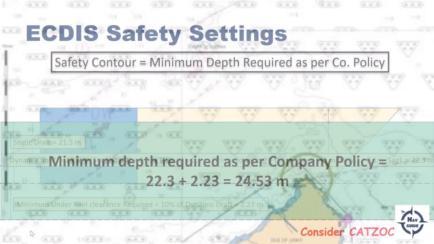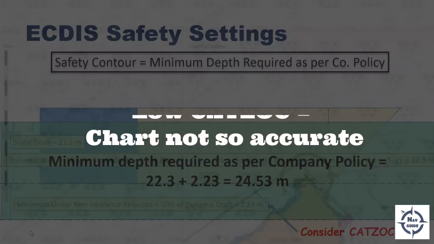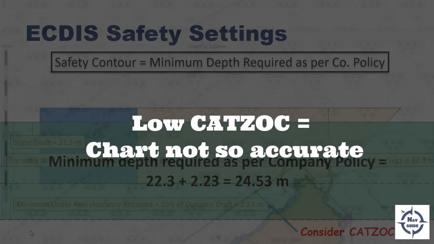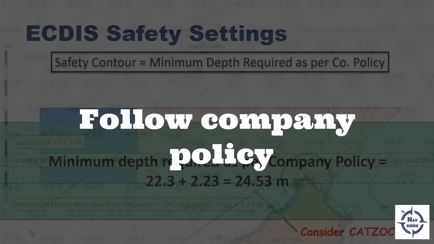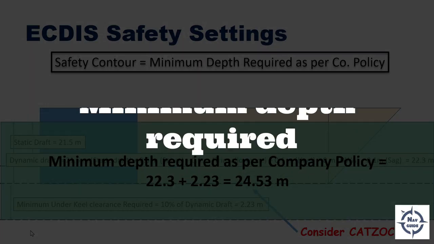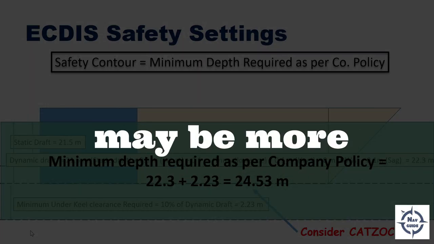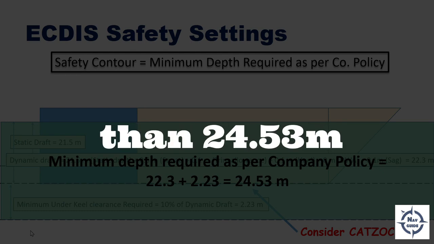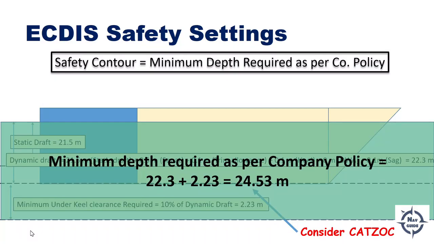If the CATZOC value of the chart is low, that would mean that the chart is not that accurate, and you have to have allowance for that. Follow your company policy in this regard on how to apply CATZOC, and your minimum depth required may be actually more than 24.53. If the CATZOC value is high, we can trust the soundings on the chart, and in that case, the minimum depth becomes 24.53 for this example.